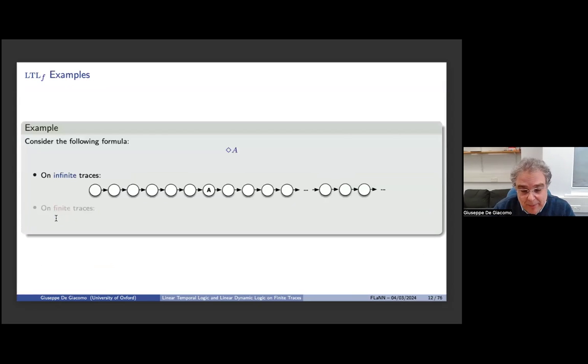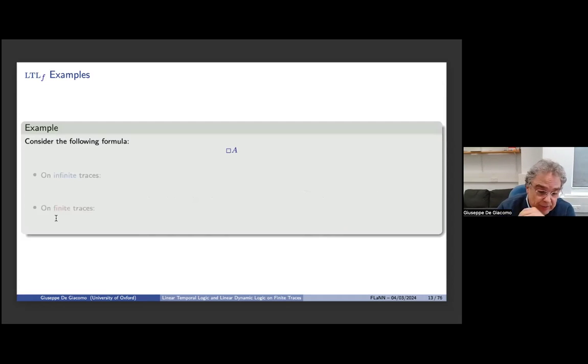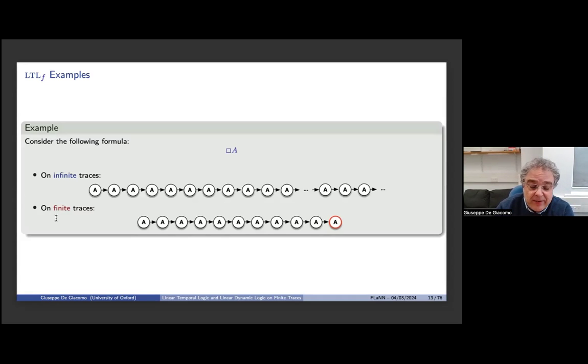So let me give you some example differences between LTL on infinite traces and on finite traces. On infinite traces, for example, eventually A means sooner or later A happens. And on finite traces, it means exactly the same thing, except that this sooner or later must happen before or at the end of the trace. Always A on infinite traces means A all along the entire trace, and also on finite traces it means exactly the same thing.